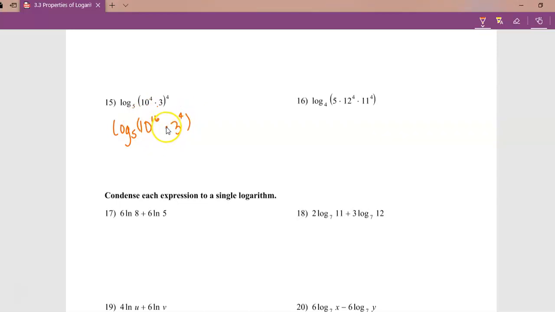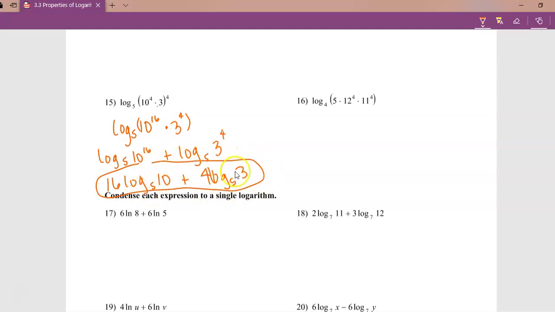And then because I'm multiplying on the inside of the log, I can write that as 2 separate logs with addition between. And then finally, those exponents go out in front of the log. So I have 16 log base 5 of 10 plus 4 log base 5 of 3. That would be the fully expanded form.